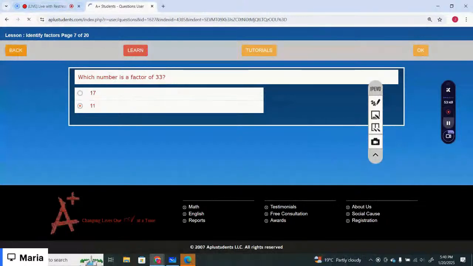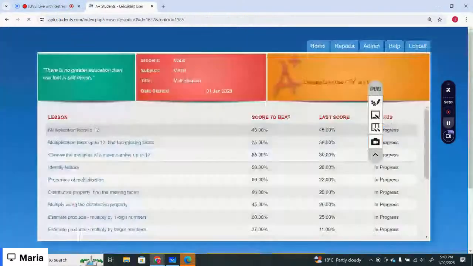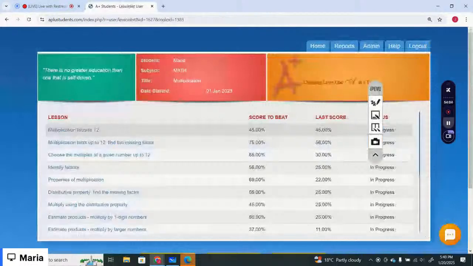So we were working on grade 4 math. The chapter we were working on is multiplication facts to 12.